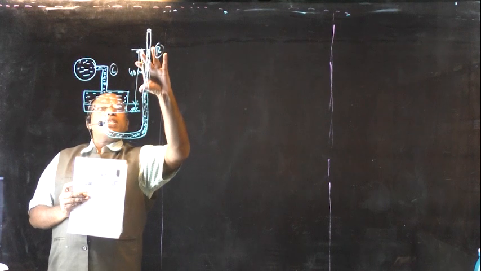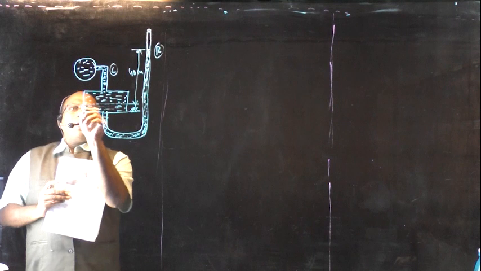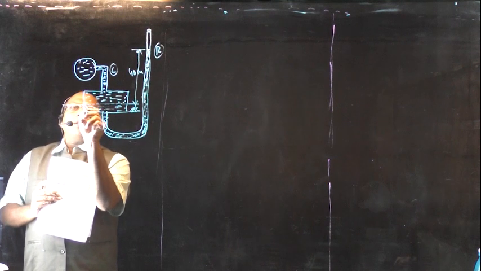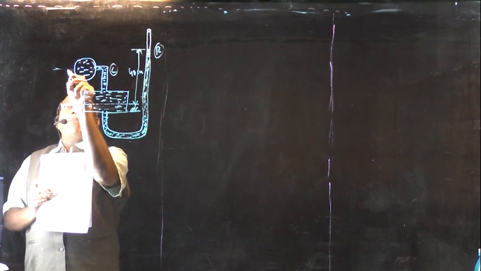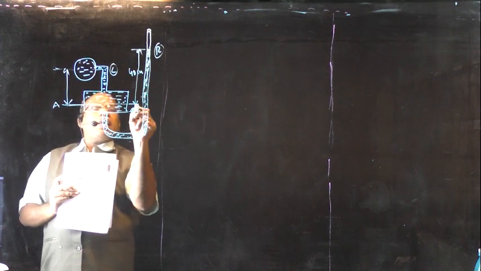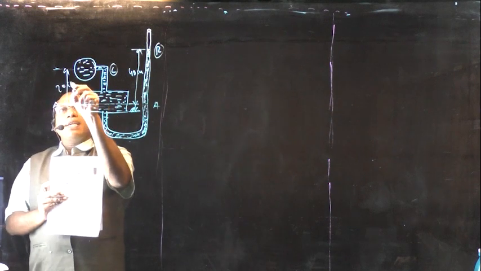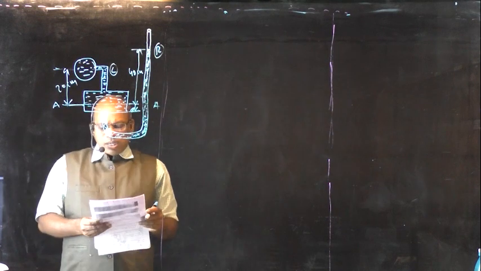The mercury level difference between the left limb and right limb is 40 centimeters. And the liquid column, from the center line of the pipe to the line AA, is 20 centimeters.